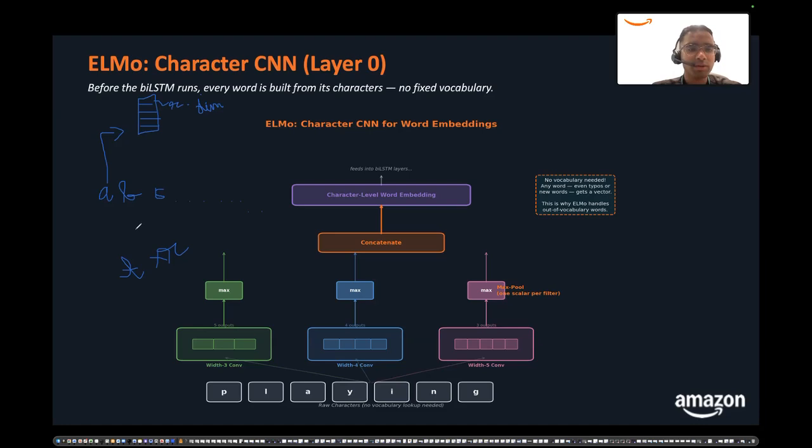I want to learn a transformation from this t cross R matrix to a lower dimensional compressed information, which I would be passing to the next layer of my Elmo architecture.